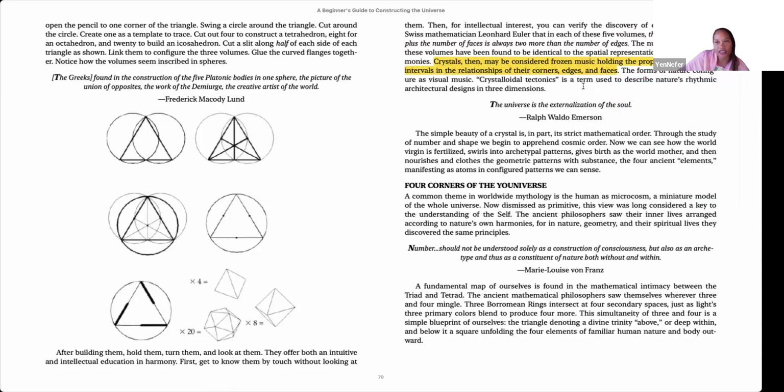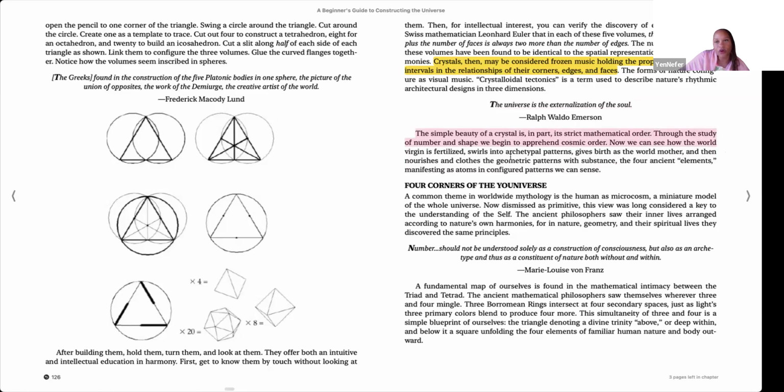Crystallodial tectonics is a term used to describe nature's rhythmic architectural designs in 3 dimensions. Wow. The universe is the externalization of the soul, Ralph Waldo Emerson. The simple beauty of a crystal is in part its strict mathematical order. Through the study of number and shape, we begin to comprehend cosmic order.